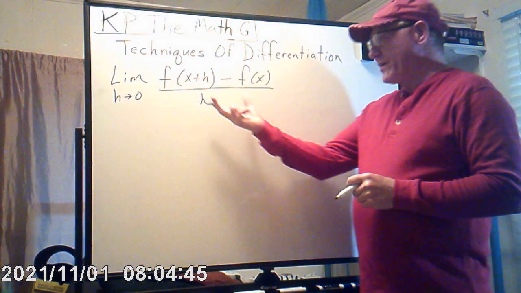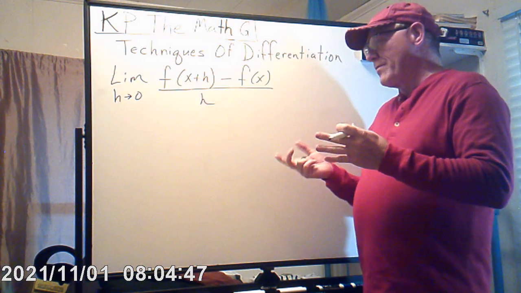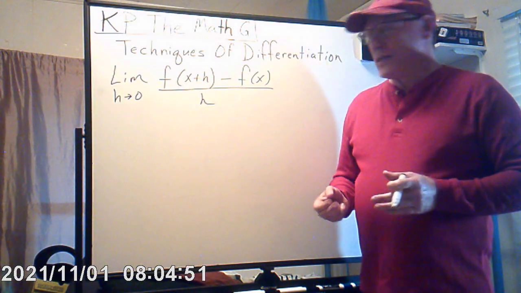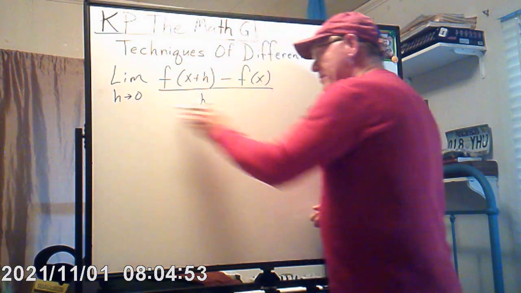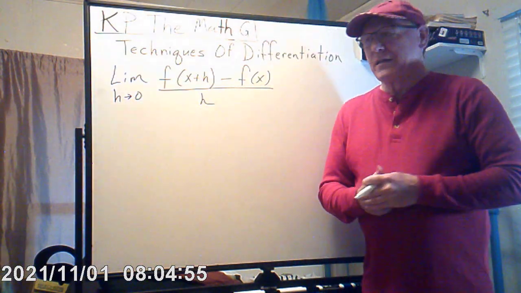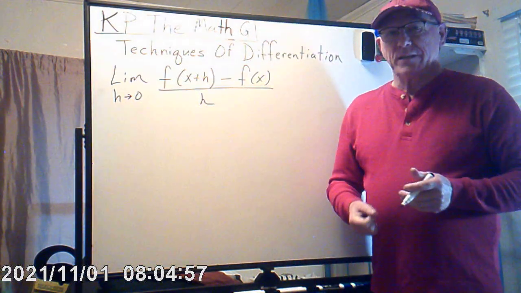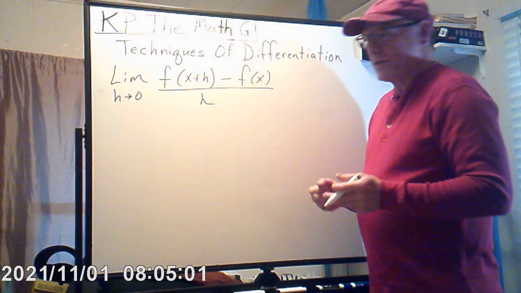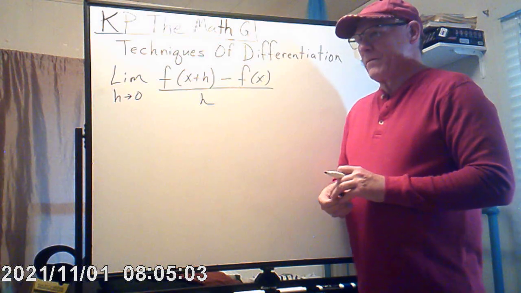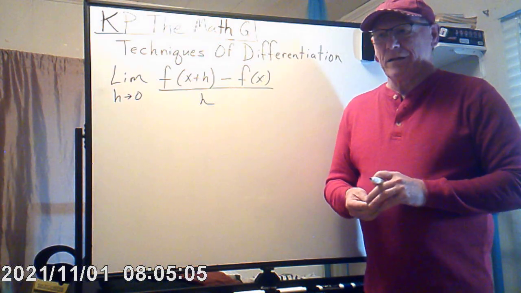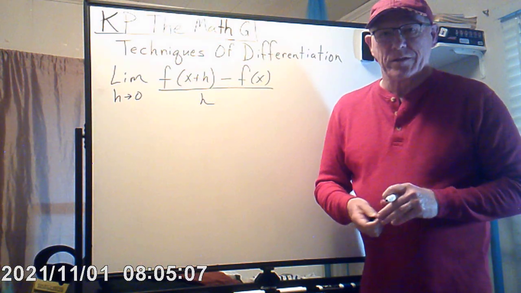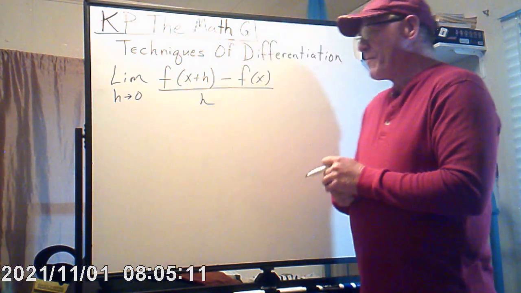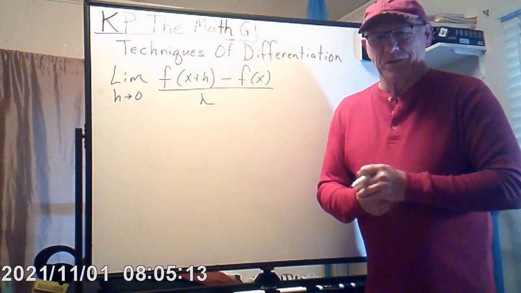But this is actually the definition, and if you want to find, for example, instantaneous velocity, you use this right here. If you want to find the slope of the tangent line, use this right here. We're going to find a shortcut, and we're not going to go all the way over the river and through the woods to grandmother's house. We're going to take a shortcut and get there a little sooner.